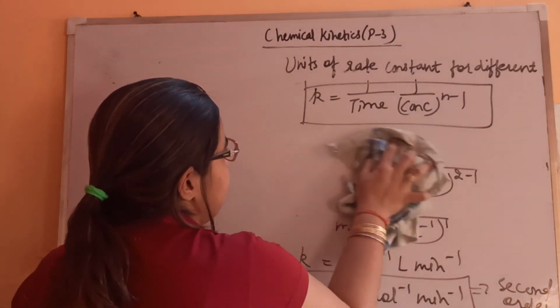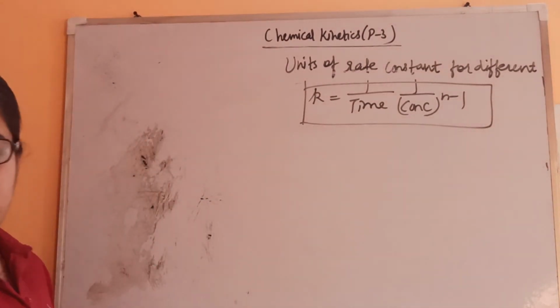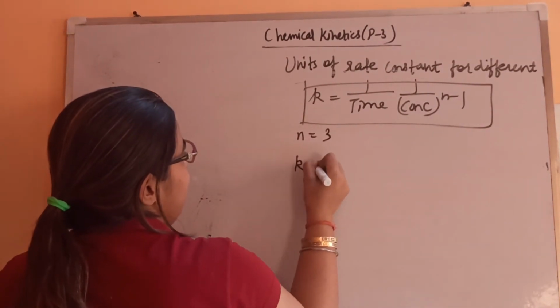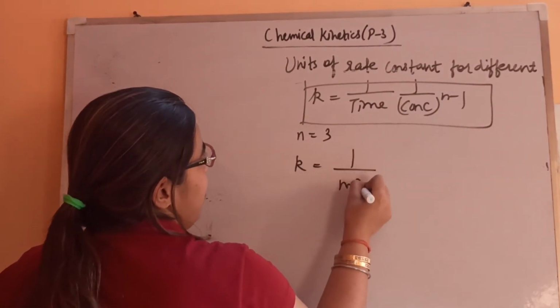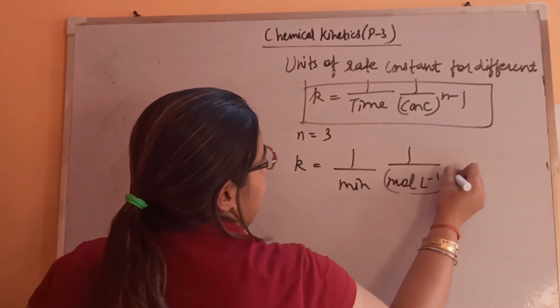Next, last one is third order reaction. n is equal to 3. So K is equal to what? 1 upon minute, moles per liter, 3 minus 1.